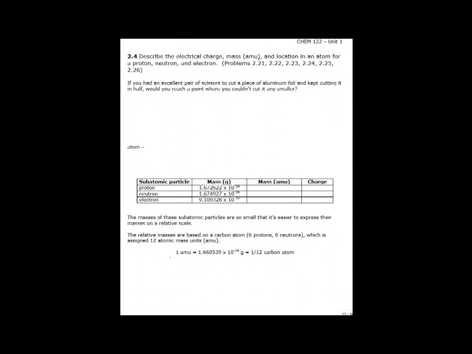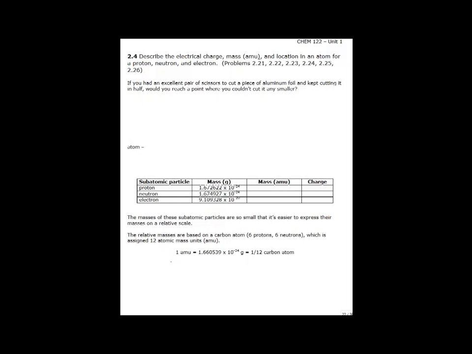Okay, so we're going to talk now about the atomic structure of atoms of a given element. So if you had the best pair of scissors and you were able to cut things as small as possible, you were able to cut this piece of aluminum foil as small as it could possibly go.